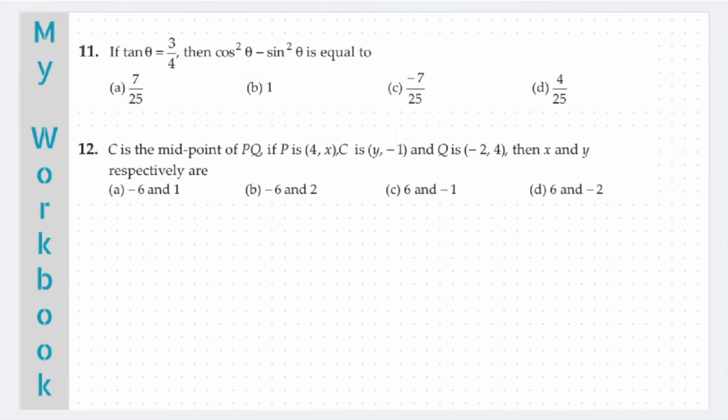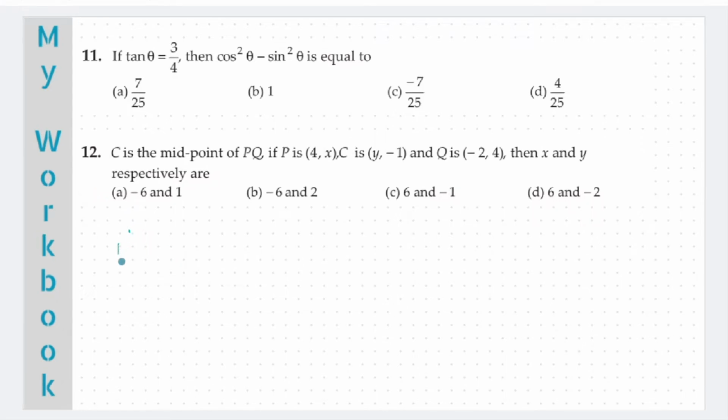Now let's solve question number 12. 2 points P and Q are given. P's coordinate is (4, x) and Q's coordinate is (minus 2, 4).